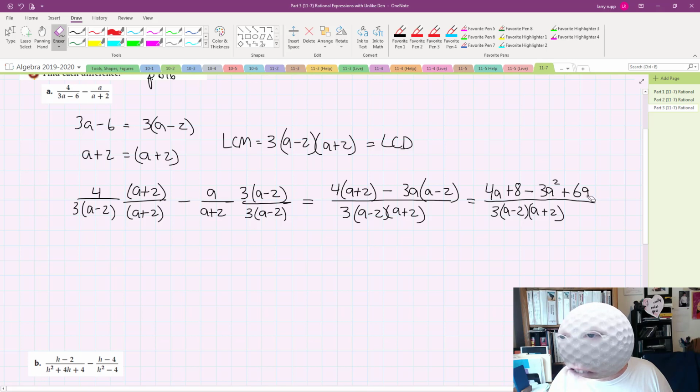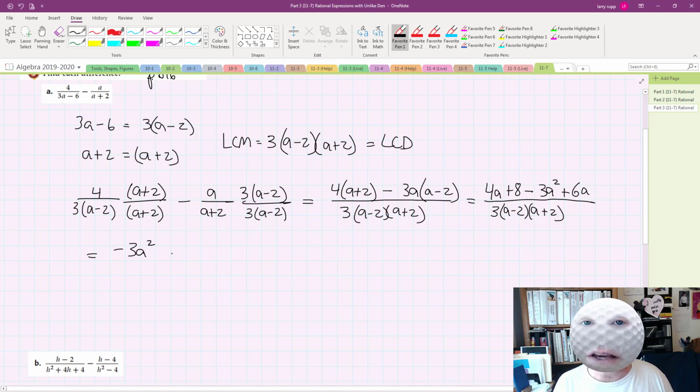Actually, that looks a lot like 69, and that's not what I want. There. So we come back down here then, and we combine like terms. We have negative 3a squared, because this is a polynomial, and you have to write it in correct descending form.